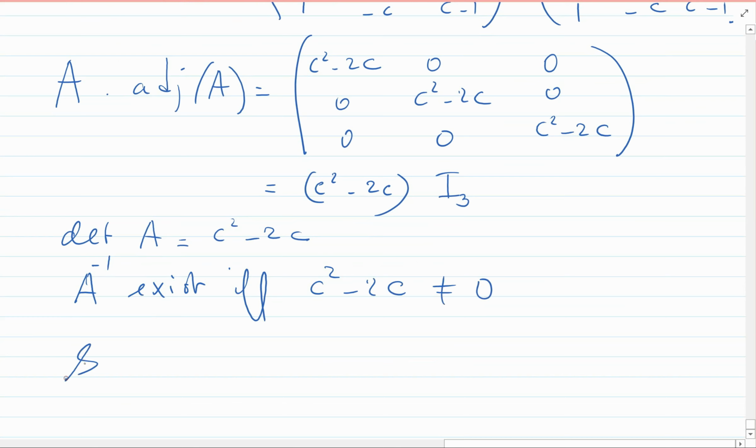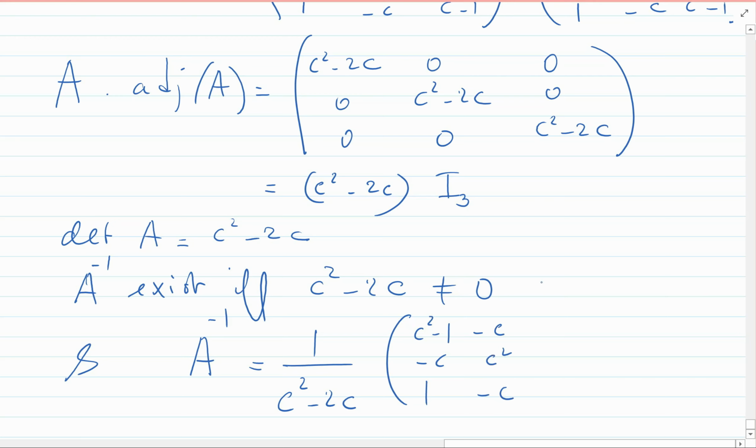And we have A inverse equal to 1 over the determinant times the adjoint, the matrix (C squared minus 1, minus C, 1), (minus C, C squared, minus C), (1, minus C, C squared minus 1).